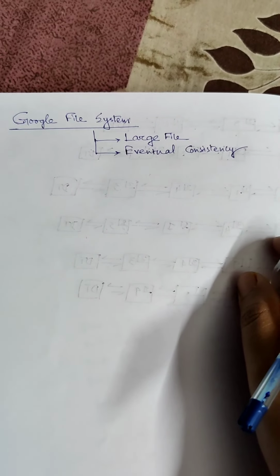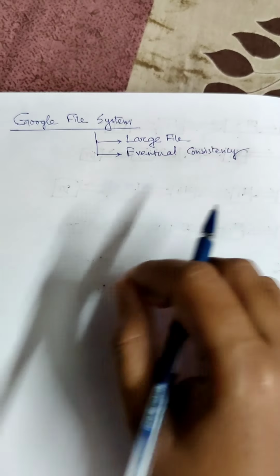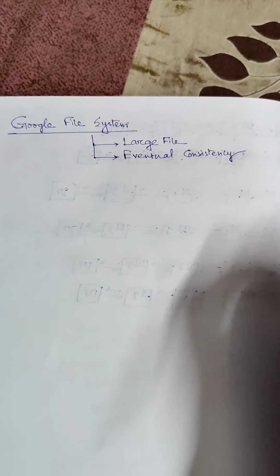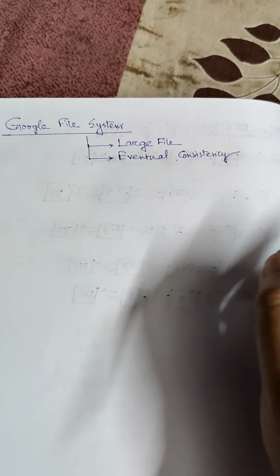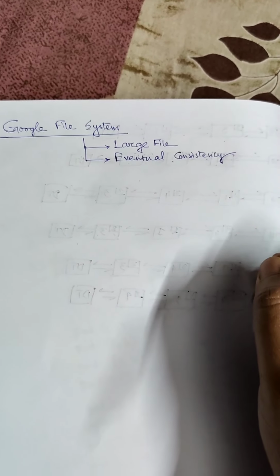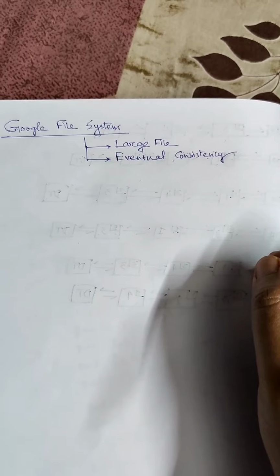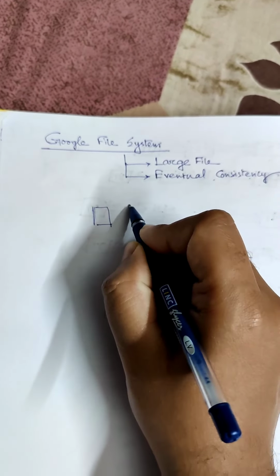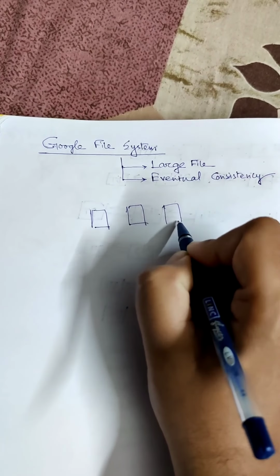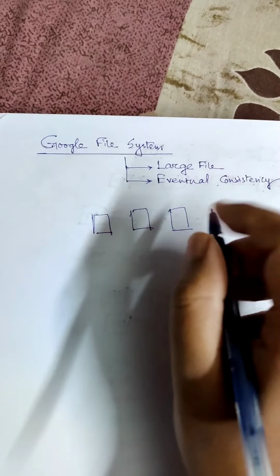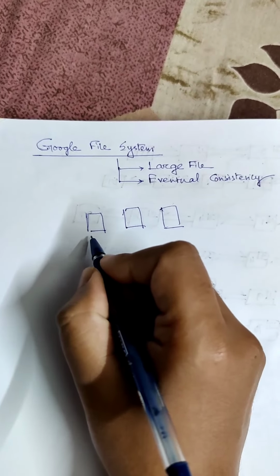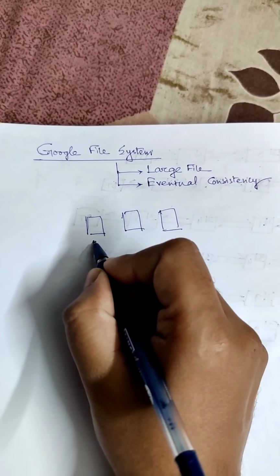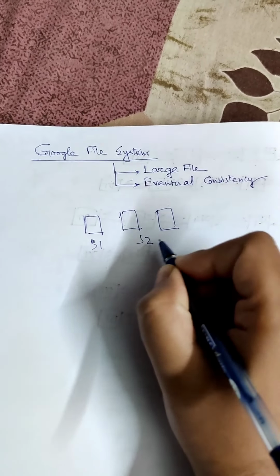So GFS stores the file in three different locations, and these three locations are in three different regions. Suppose we are just making three copies for simplicity. This is our server 1, this is our server 2, and this is our server 3.